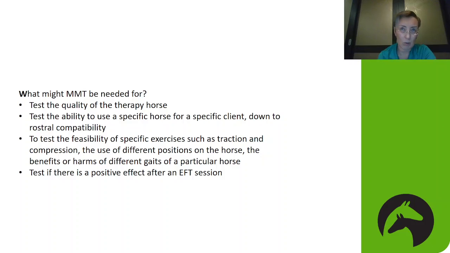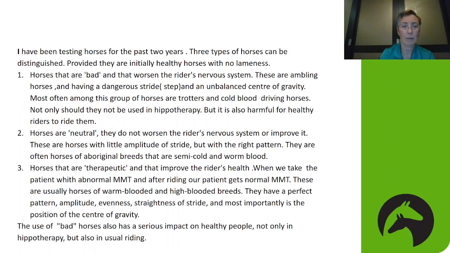So we can test our client before and after. And if our session was good, muscle tone will be the same as at the beginning. It must be normal. I have been testing horses for the past 2 years, and I can tell you that 3 types of horses can be distinguished, provided they are initially healthy horses with no lameness.